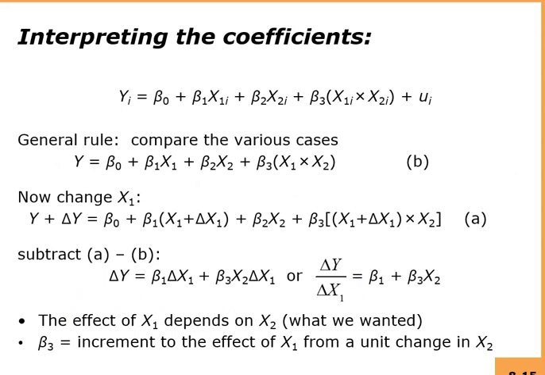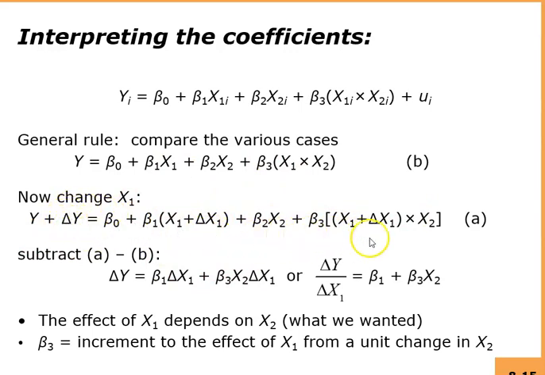So the general rule once again is that we have to compare the different cases. In this scenario, we will start off with initial values of x1 and x2 and plug those into this regression equation over here, and then we will also plug in the value of x1 plus the change in x1 into the second equation, and obviously this change in x1 will also yield a change in y on the left hand side.